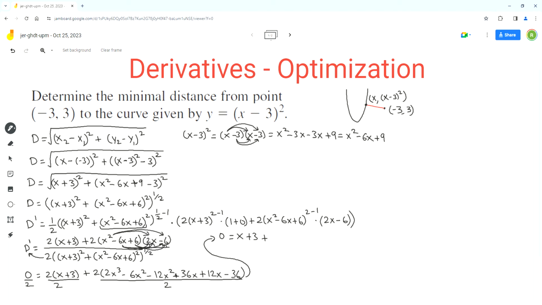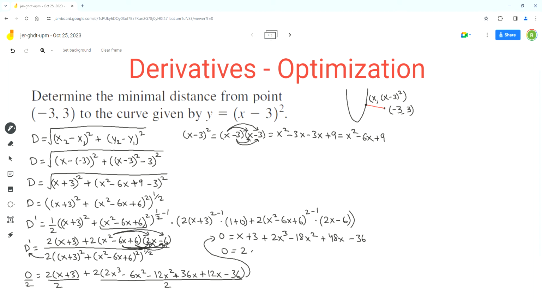In the second part, we can combine the like terms. So we get 2x cubed and then minus 18x squared and then plus 48x minus 36. And now we can combine the like terms again.